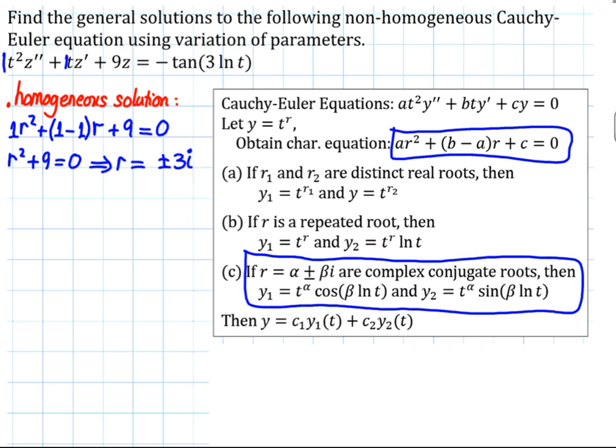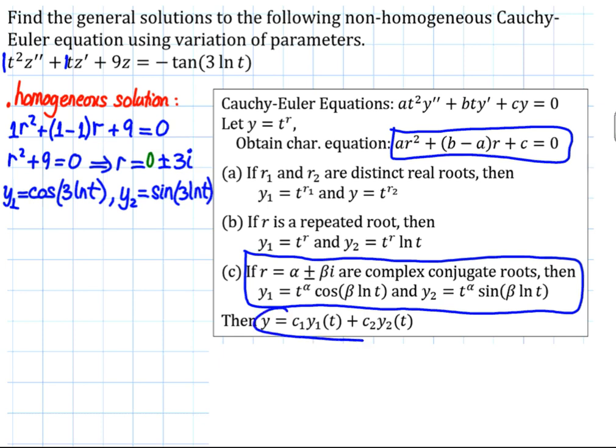So y1 is t to the alpha. Alpha in this case is going to be 0, and we have t to the 0 power, which is 1, so we really don't need that. So we just say cosine of beta, which is 3 ln of t. y2 will be sine of 3 ln of t.